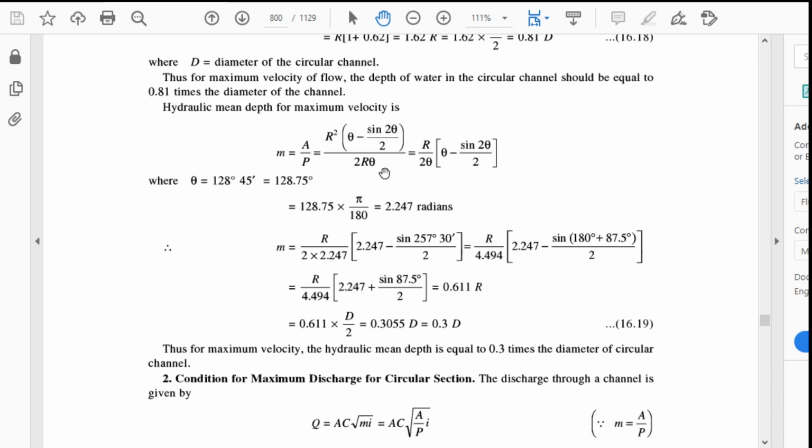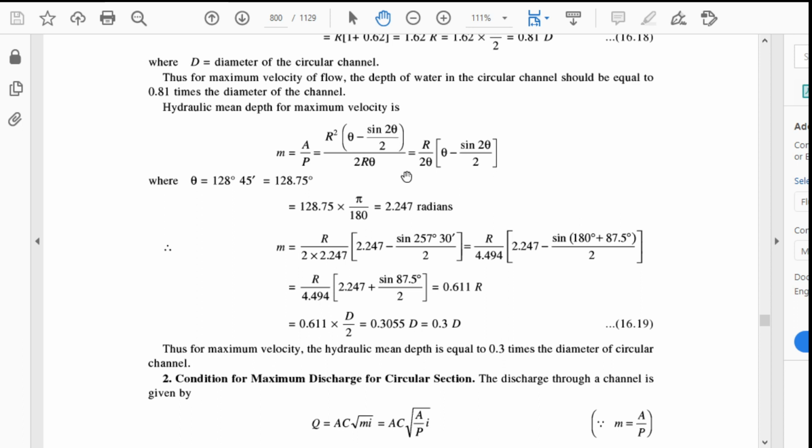Here we have calculated the theta value in degrees, that is 128 degrees 45 minutes, so again we have to convert it into radians also, because in the area equation you can see that theta is alone and is also with the geometrical expressions.